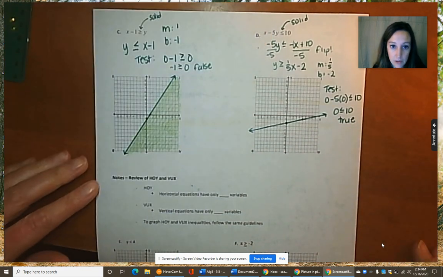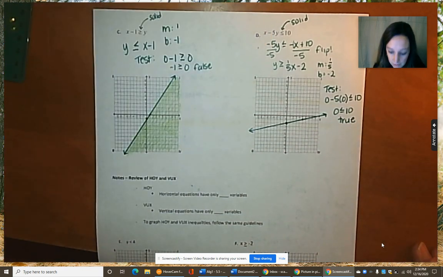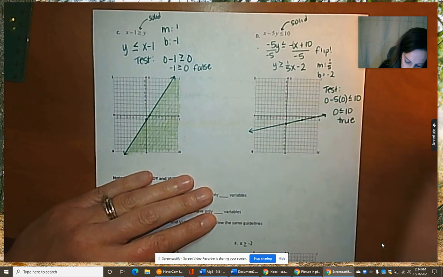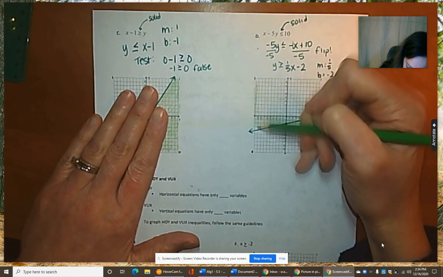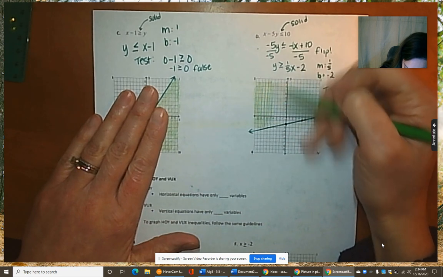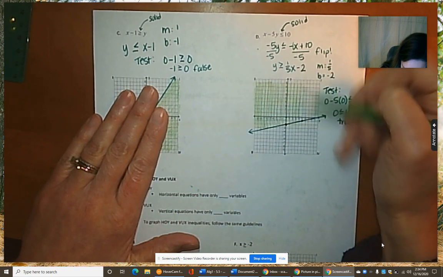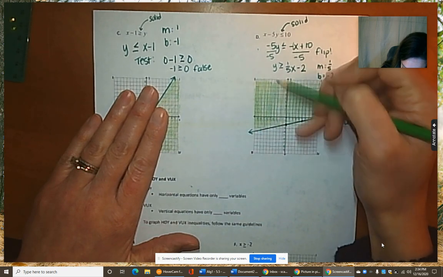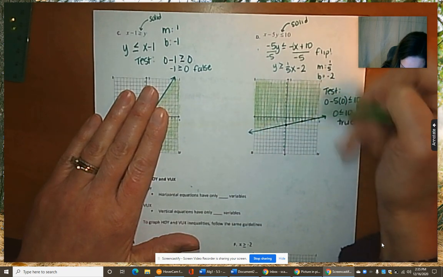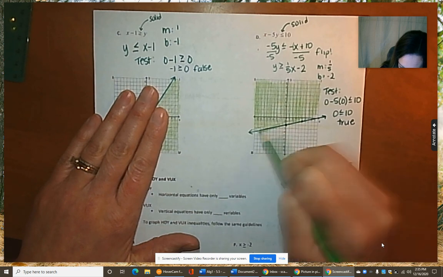All right. So will I shade in 0, 0? Yes. So here's 0, 0. I'll shade that in. And it's up here. Everything on this side of the line, including the line this time, is a solution to that inequality.